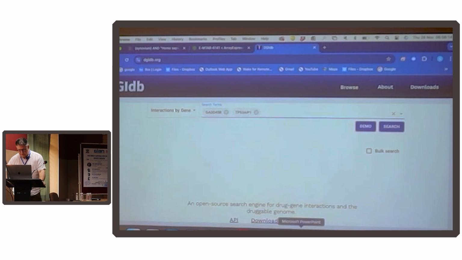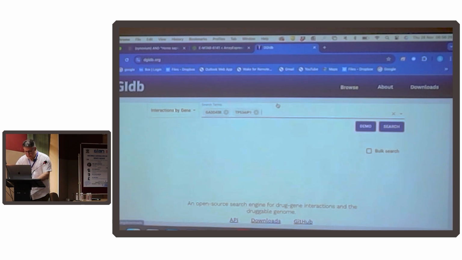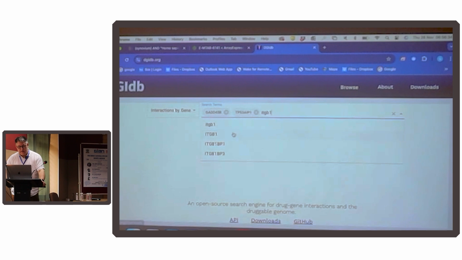And I'll pick a third. I could put up to 50 in here if I wanted to, or more than 50. Let's do integrin beta 1, ITGB1. I'll pick that one. Yep. And I'll search.